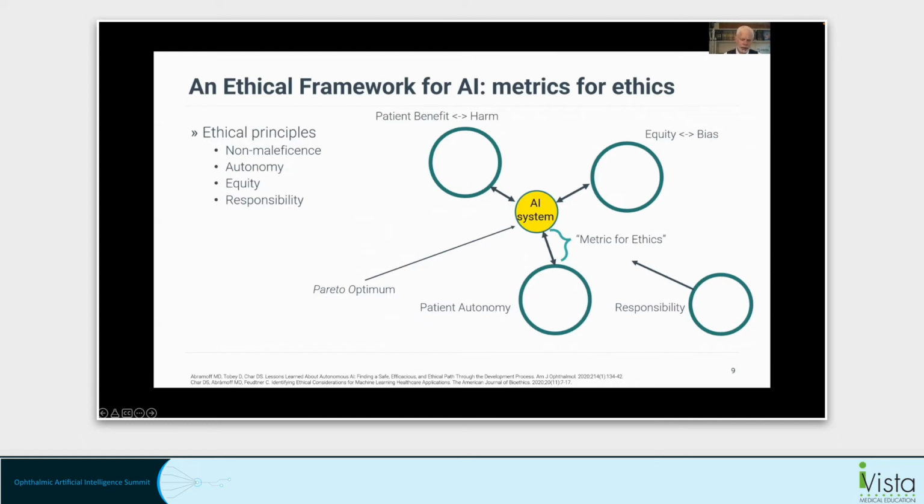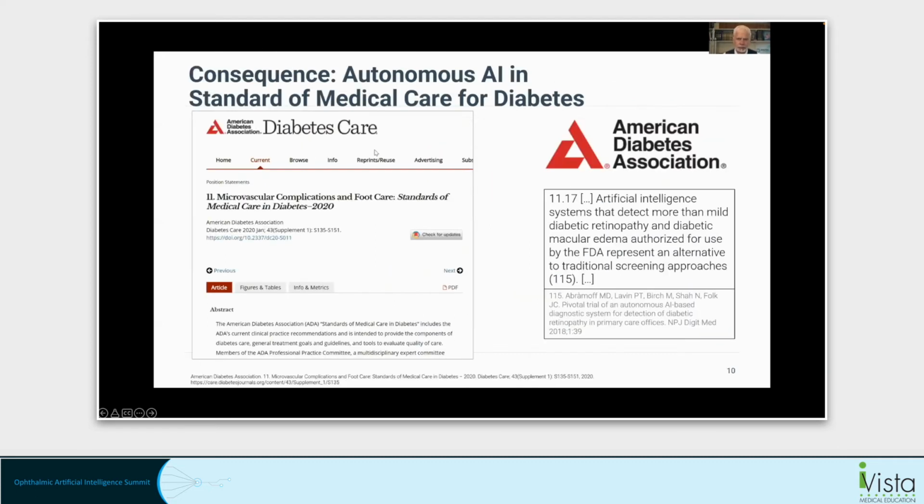And so what you do in the AI system, in yellow here in the middle, is try to optimize a balance. The ethical framework doesn't tell you where to put the balance, but it does allow you to choose how much you want to factor in each of these different ethical principles, and how you find the right balance. It's not prescriptive, it's especially a system of metrics.